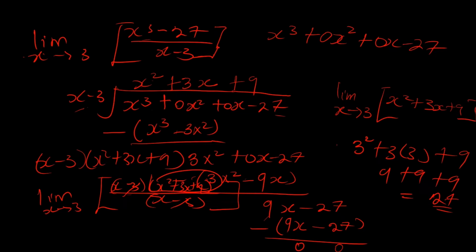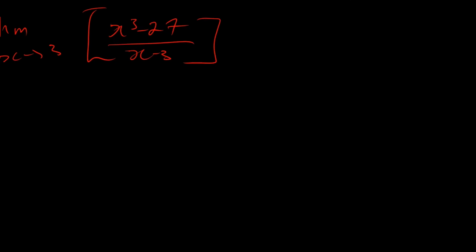So that is one way of solving questions like this. Or you can just factorize the numerator because it is a difference of two cubes. When we have a difference of two cubes, this is how we go about it. When we have a cubed minus b cubed, this is how the expression becomes.